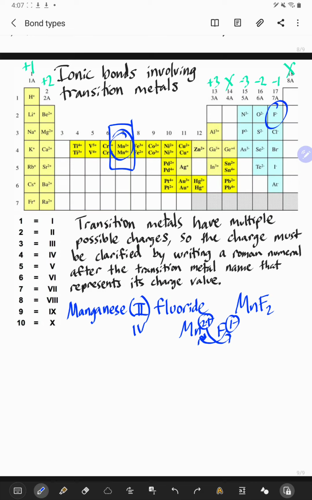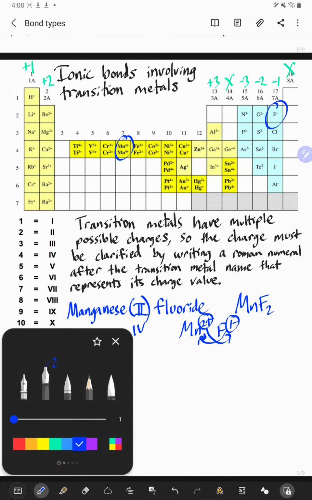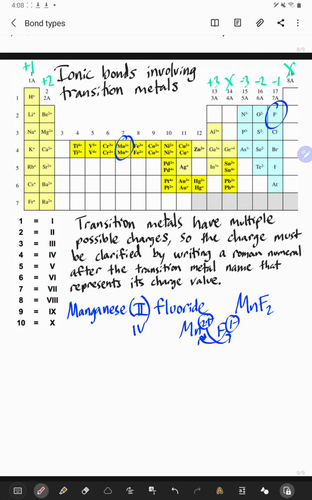All right, let's do one more example, except let's do it backwards. Let's say we have, I'll do it in red, nickel and oxygen.